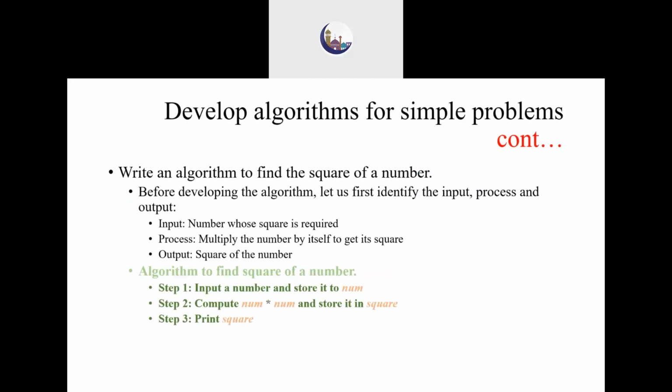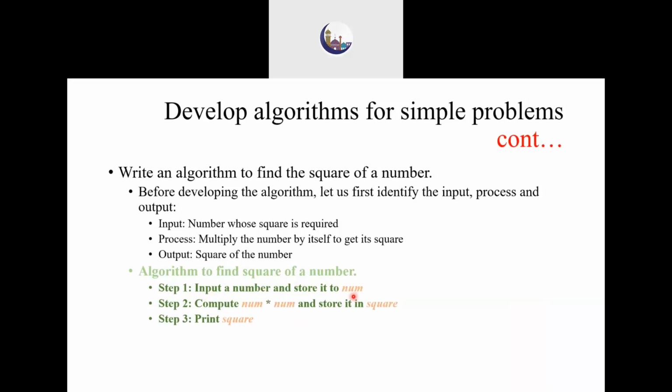If you go to the previous slide, the green matter over there was nothing but the algorithm that we have seen yesterday. This algorithm was calculating the square of a given number. In the first step, we input a number, whatever number the user wants to calculate the square of, and store it in a memory named num.